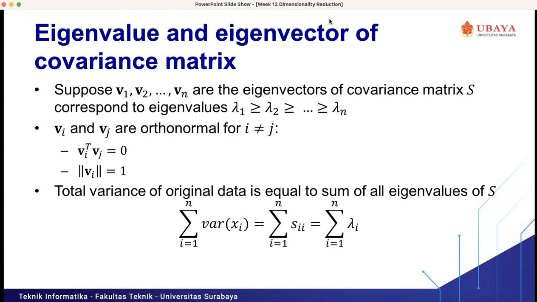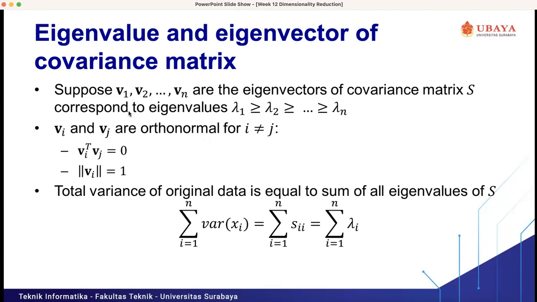After we get the lambda values and the eigenvectors that correspond to them, we need to sort the eigenvalues from the greatest to the smallest. We sort the lambda values in descending order. And Vi and Vj are orthonormal for i not equal to j.